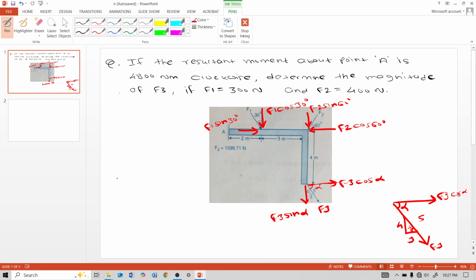From this we will write, cos alpha is equal to adjacent side upon hypotenuse. So here adjacent side is 3 and hypotenuse is 5, and sin alpha is equal to opposite side upon hypotenuse. Opposite side is 4 and hypotenuse is 5.